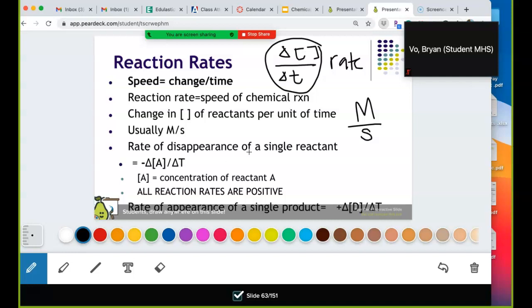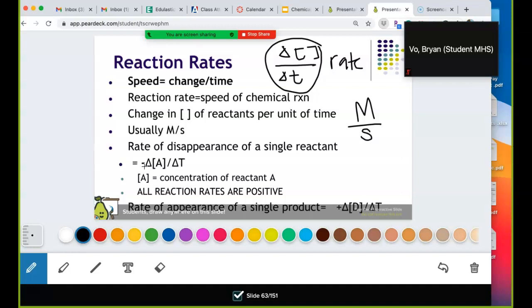And if we have a reactant that we're discussing, we throw a negative out in front of it just because it's losing concentration over time, because reactants get used, so they go away, and they go away because new products are forming. So our products end up being a positive rate. Now, rates aren't ever really negative.